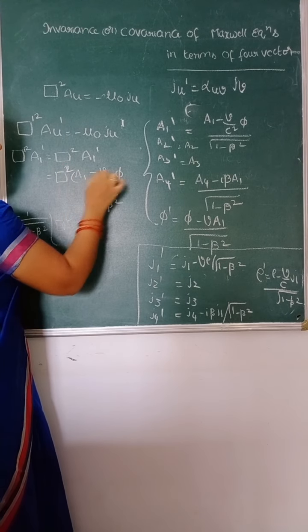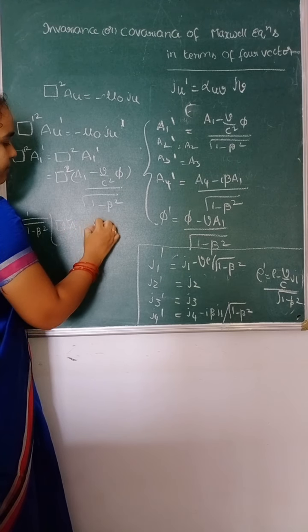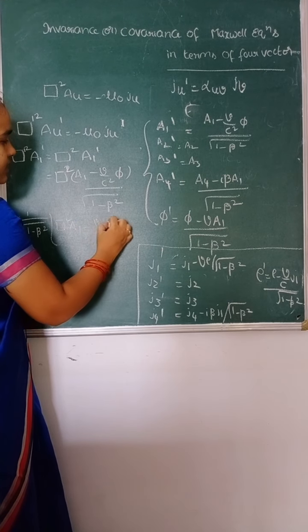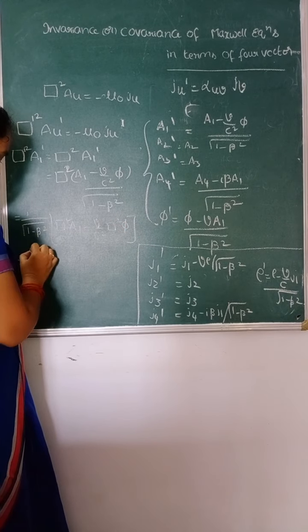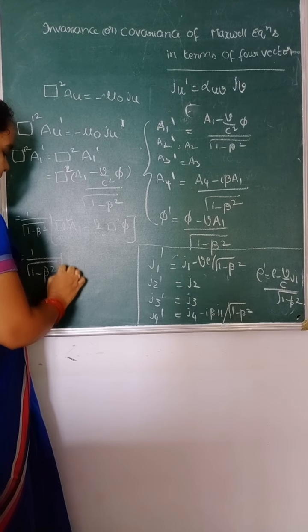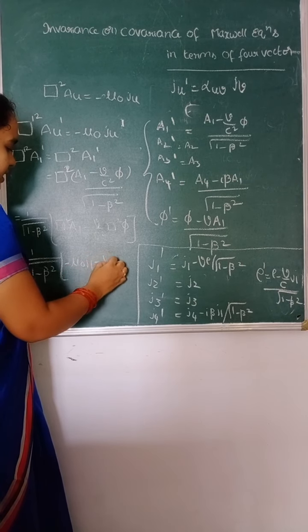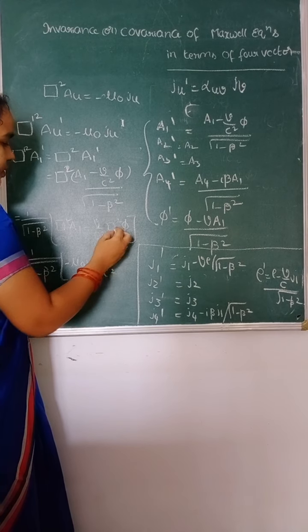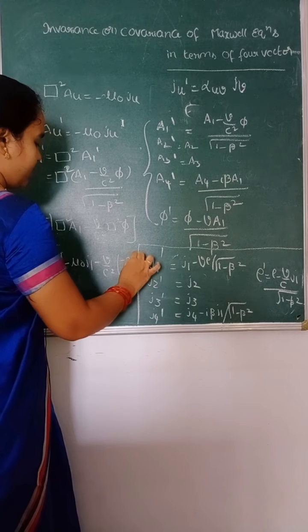So multiply this del square with these two terms, that is del square A1 minus V by C square, which is constant, and del square 5, 1 by root of 1 minus beta square. What is del square A1? Minus mu naught into J1. Minus V by C square into del square 5, which is minus rho by epsilon naught.